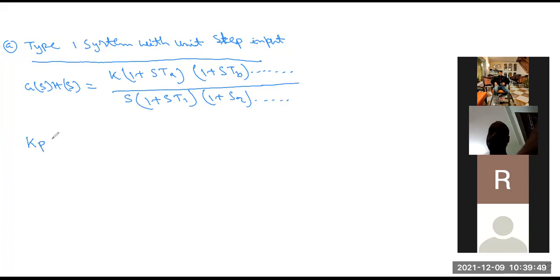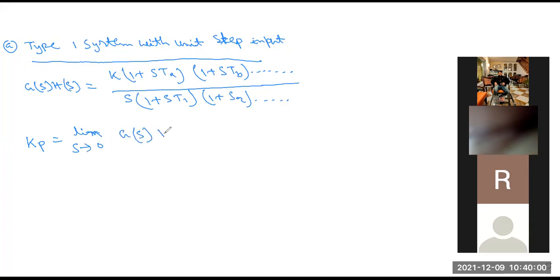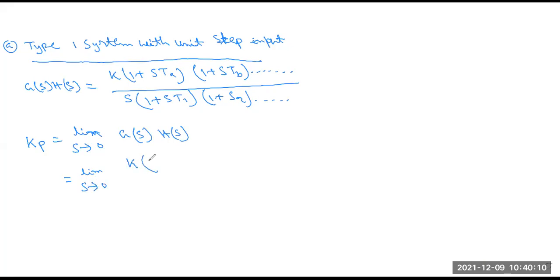Now the proportional constant Kp is the limit as s tends to 0 of G(s)H(s). So we put in the value of G(s)H(s): the limit as s tends to 0 of K into (1 plus sTa) into (1 plus sTb), and so on.